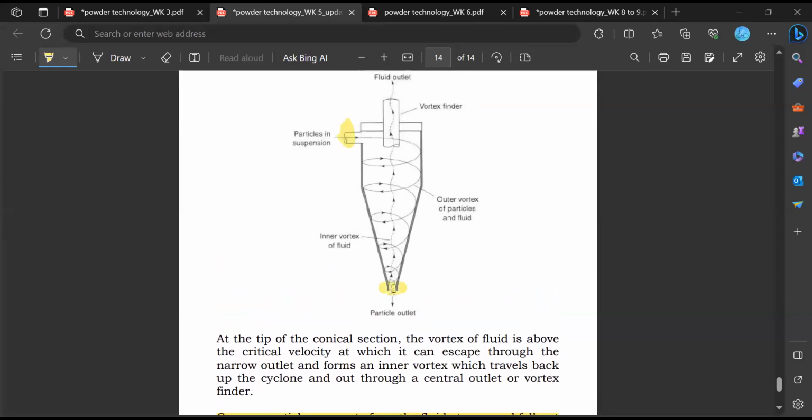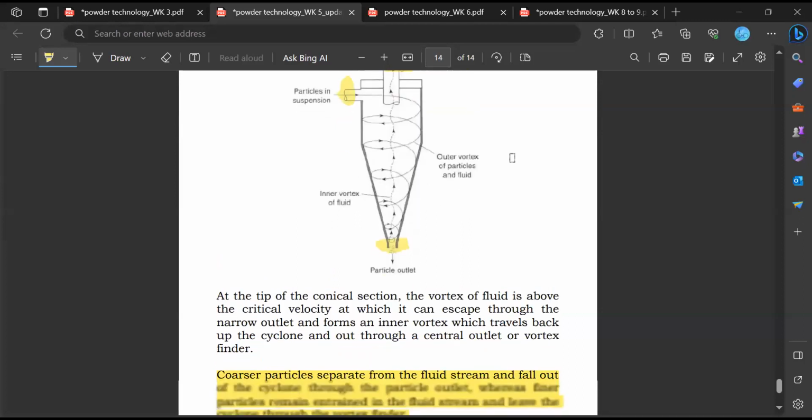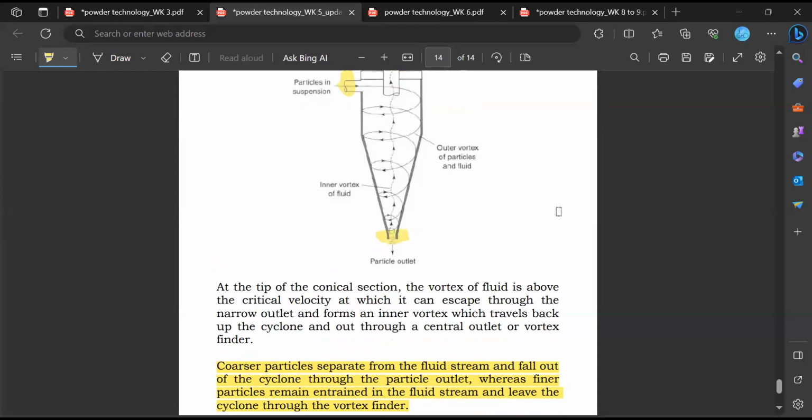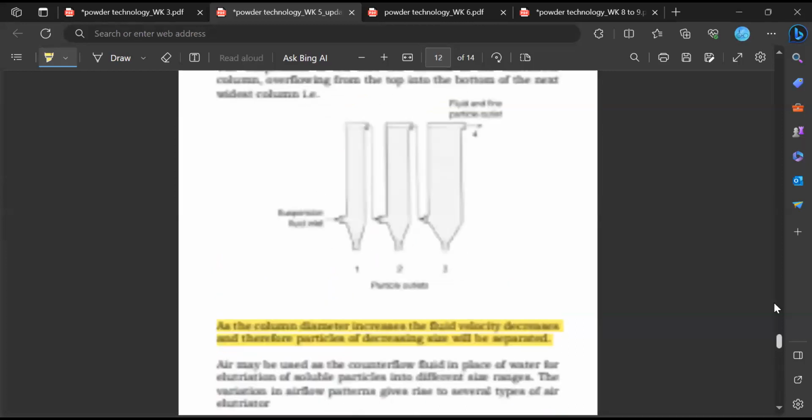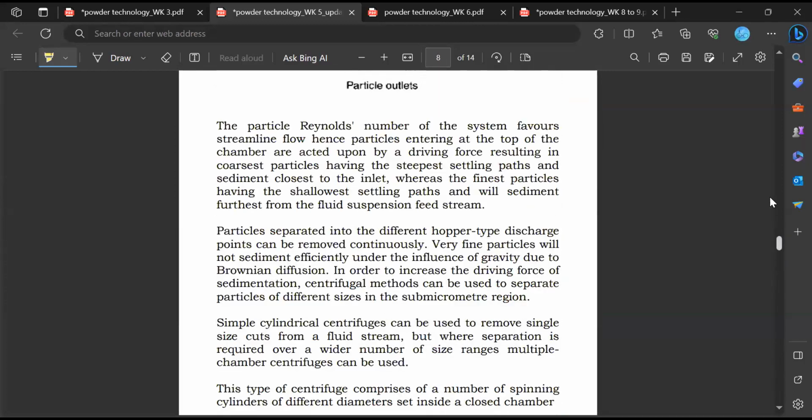So from the particle outlet you'll see the coarser particles, and from the fluid outlet at the vortex finder, you'll see the finer particles.